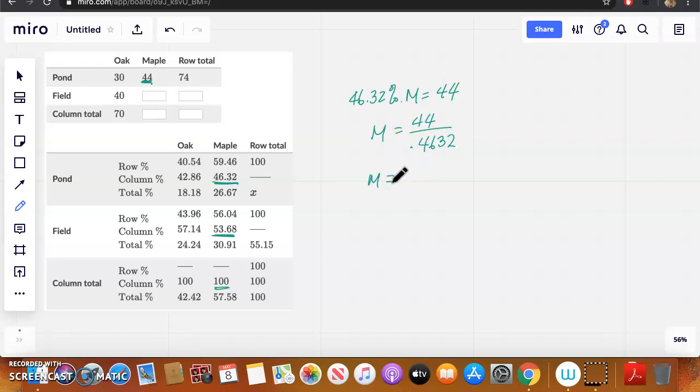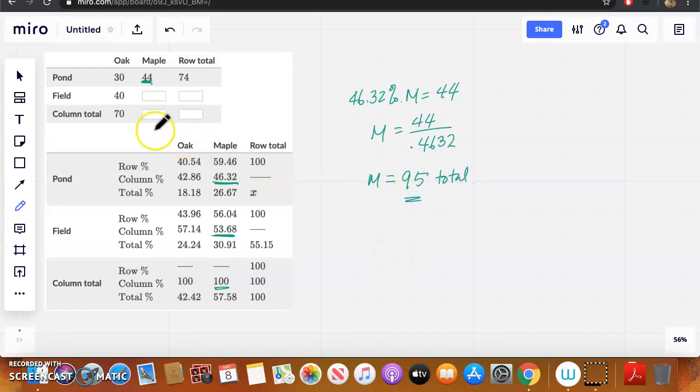Let's work that out. 44 divided by 0.4632 gives me approximately 94.99. So let's round that to 95. So we should have a total of 95 maples.